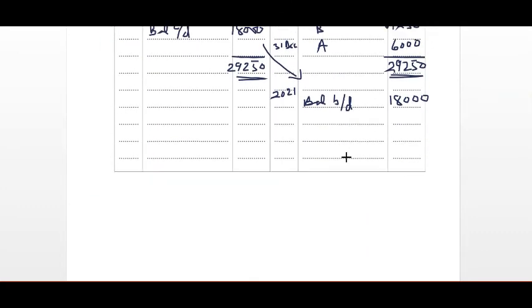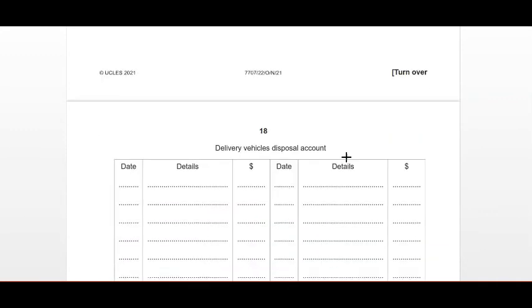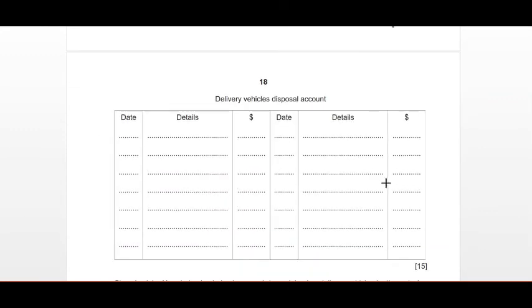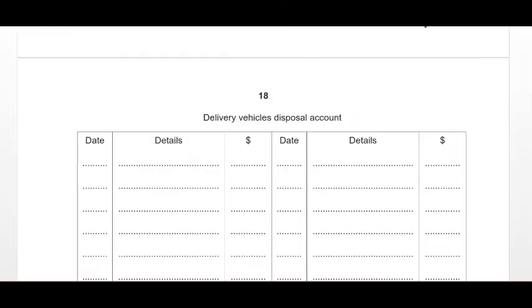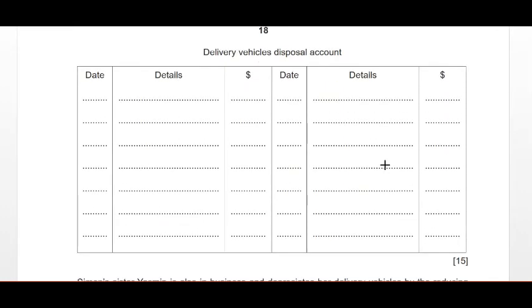Now moving on, the next part is where you have to make the delivery vehicle disposal account. A lot of students ask me many times for a simple format for the disposal account. Always remember, the very first thing that you record on the debit side is the cost of the asset that you are disposing.